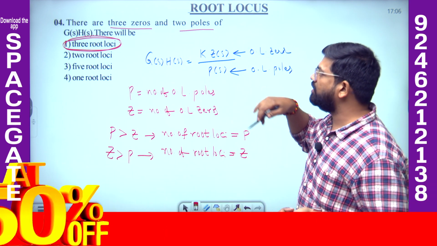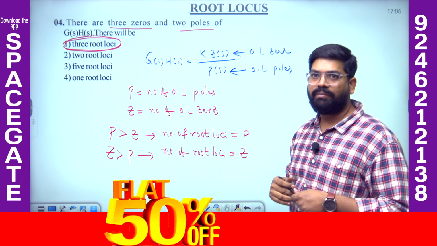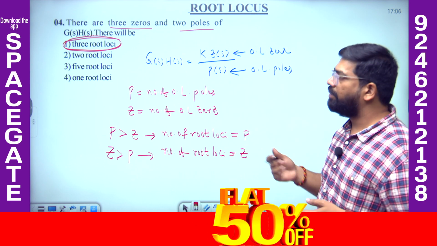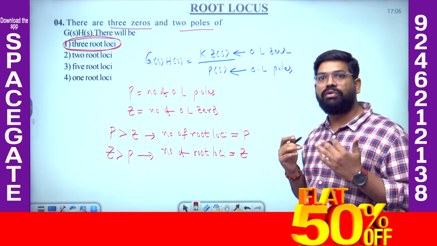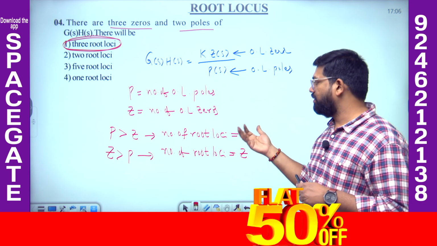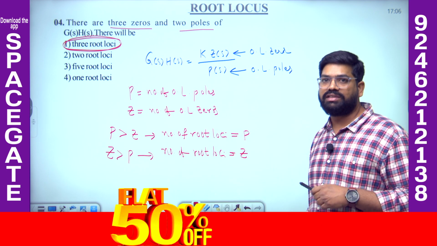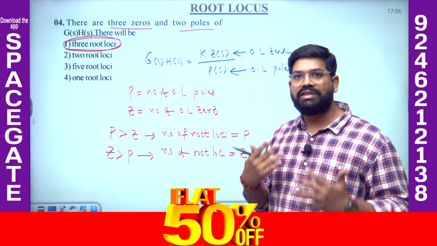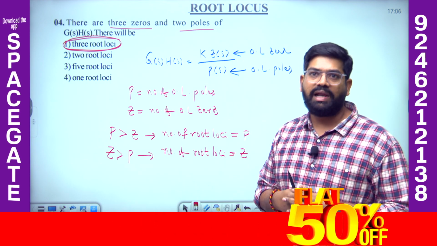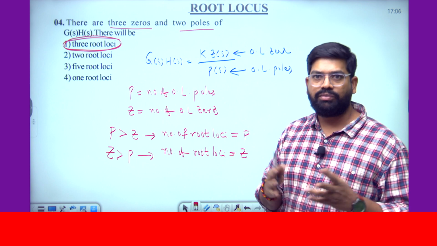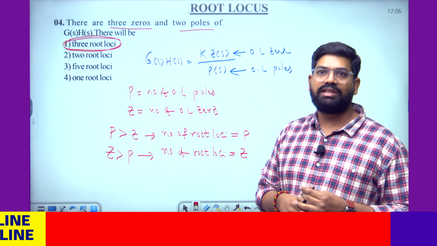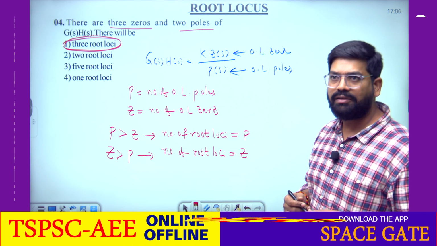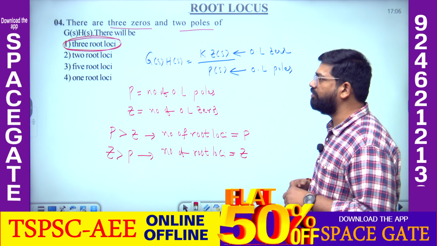So, here 3 zeros means 3 root loci, got the point. The number of root locus branches is based on the number of poles and zeros, whichever is greater than the other. If both are equal, we get an equal number of root locus branches. So, the first option is correct for this.